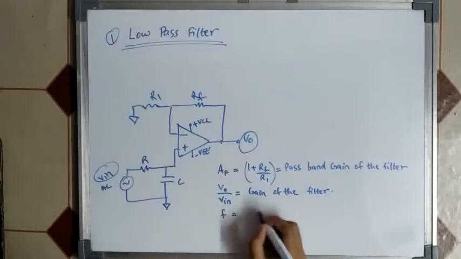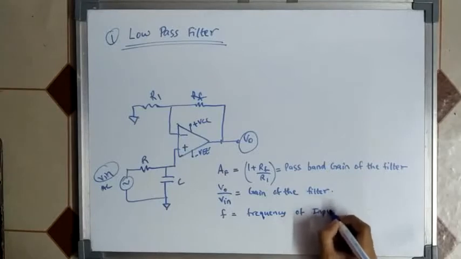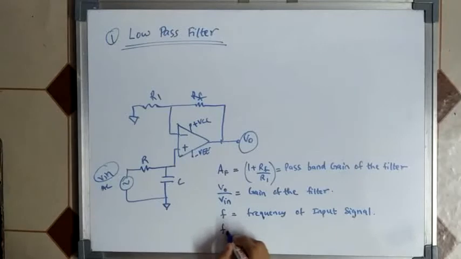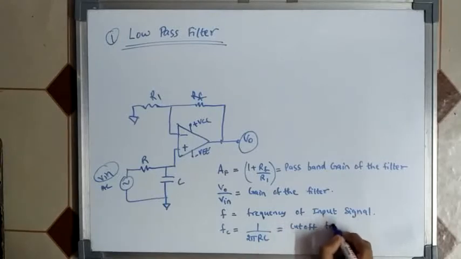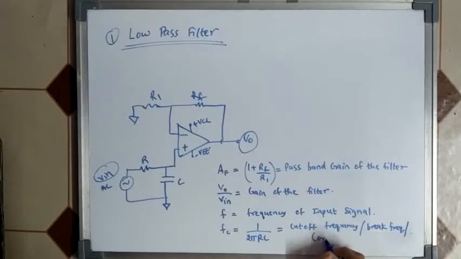F is the frequency of the input signal, and Fc, which is 1 upon 2 pi RC, is known as the cutoff frequency. I will explain the cutoff frequency, which is also known as the break frequency or the corner frequency.